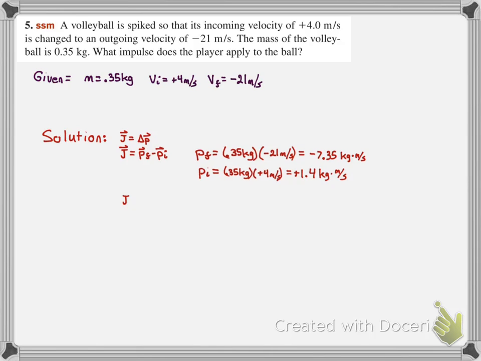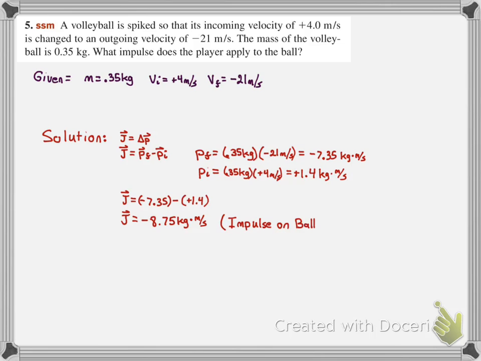The final momentum is negative because of its direction, and the initial momentum is positive because of the direction of the ball at the moment. So we need to make sure to put those signs correctly. So we have negative 7.35 minus positive 1.4, which gives us negative 8.75 kilograms meters per second.